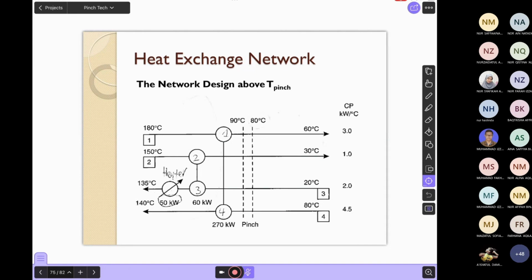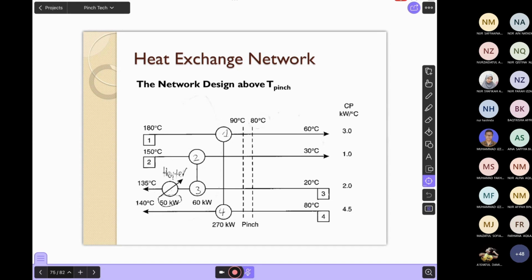2. Oh. Ha. Tu, saya tanya kalau you ada stream number 1 and stream number 4, how many heat exchanger here? Nak jawab pun takut.